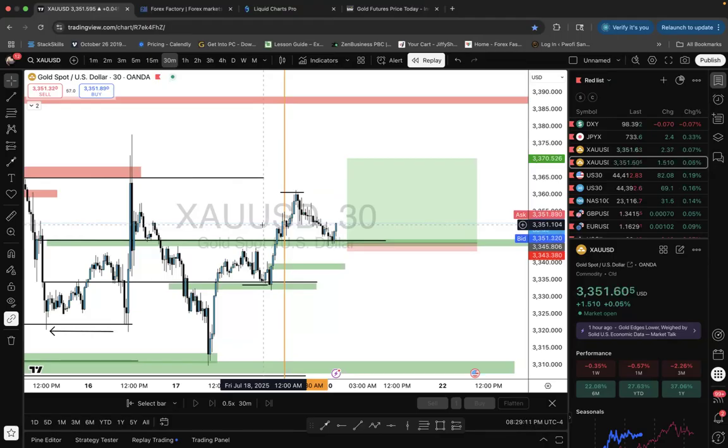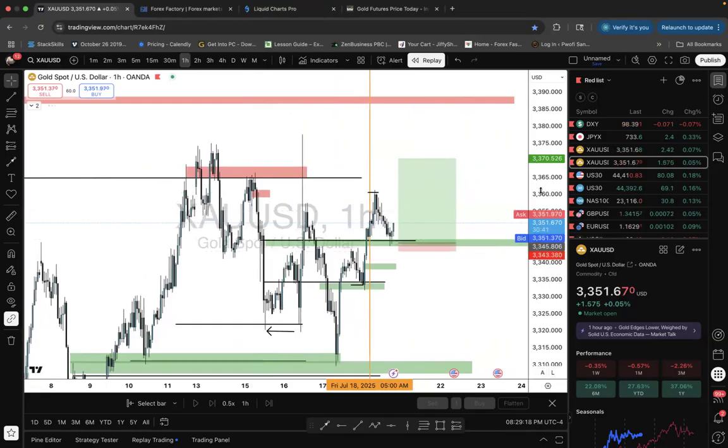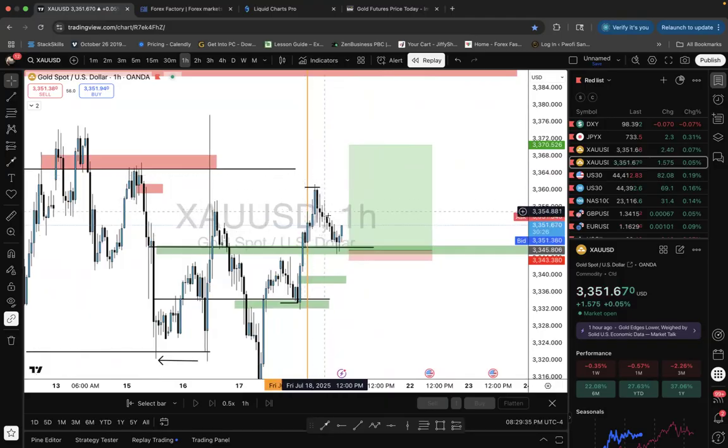This is why typically I don't hold trades past the weekend, but in this particular case, I did. I had positions at 33.54, 33.51, and recently 33.47, just because of how price looked like it was just gonna pull back in here.